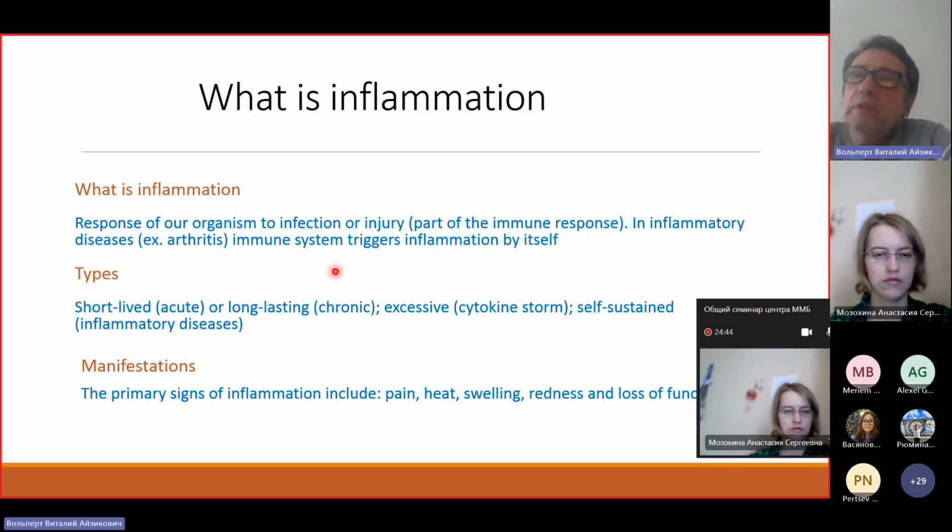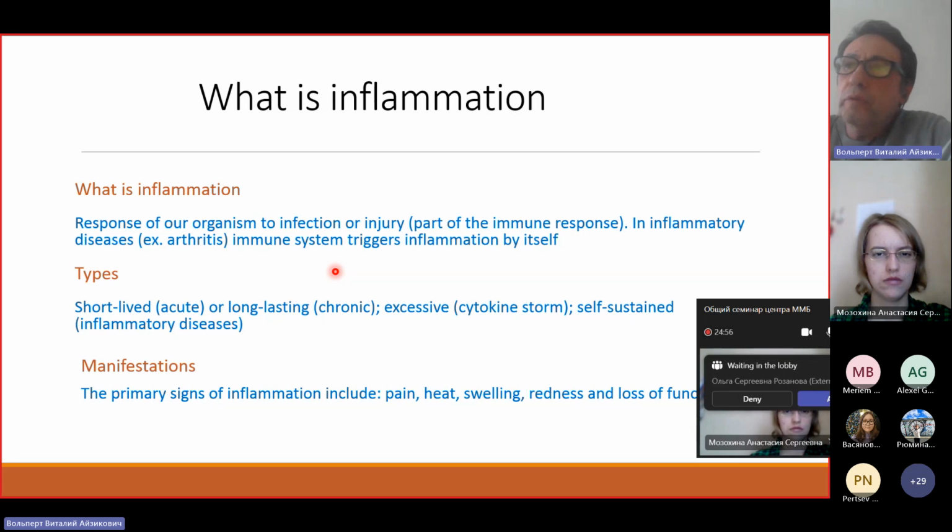I don't know whether this classification is precise, but at least it gives some idea about these different inflammations, that with respect to time, it can be short or it can be long.